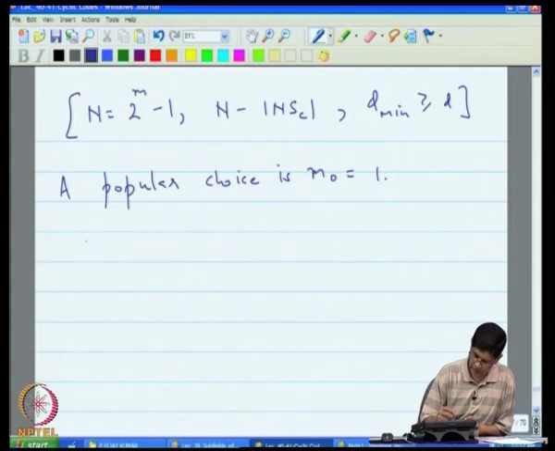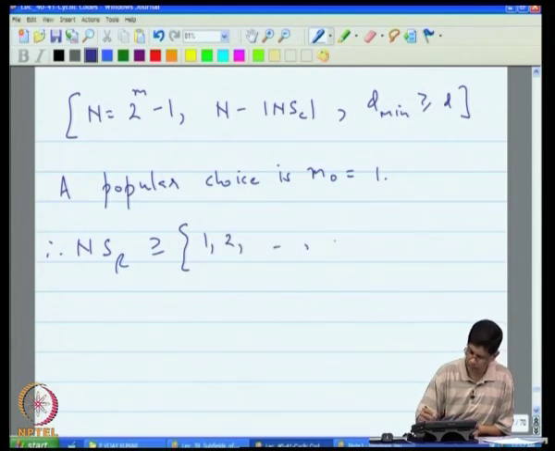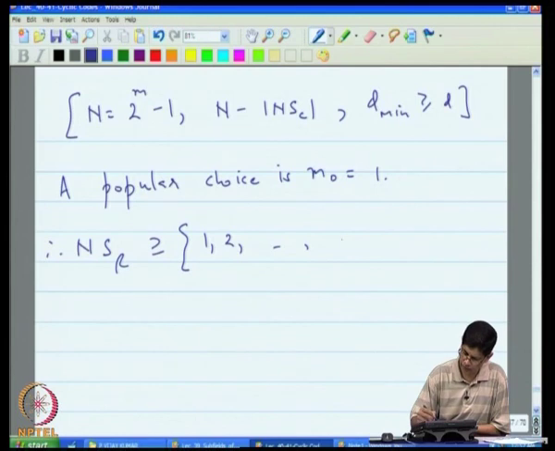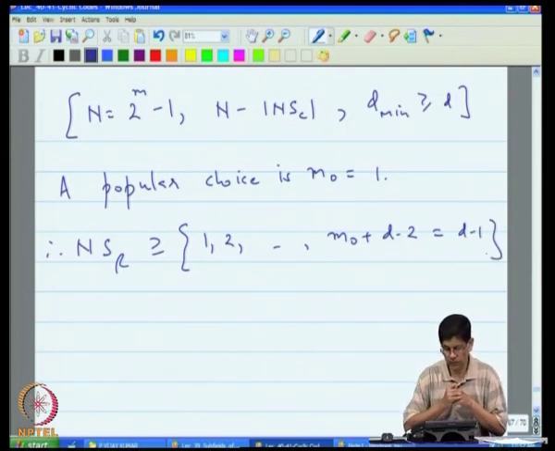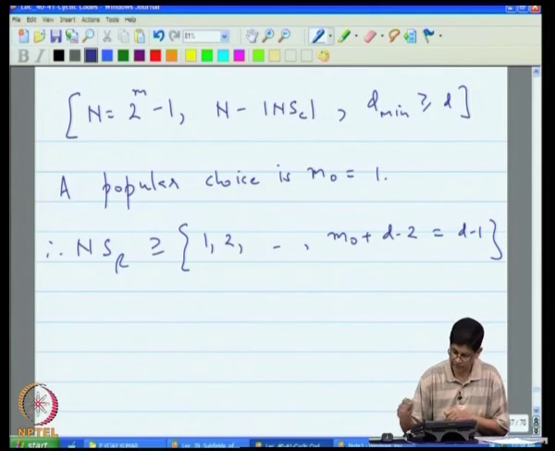So, that means your consecutive, therefore, in which case your null spectrum contains 1, 2 all the way up to m0 plus d minus 2, which is d minus 1. So, you have a consecutive stretch of zeros from 1 to d minus 1.